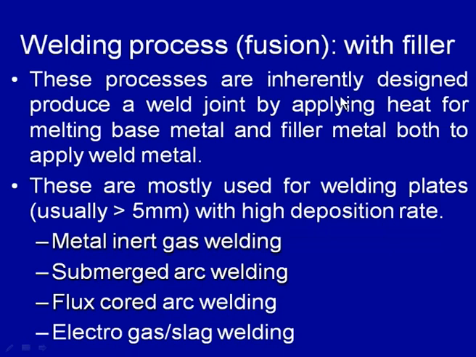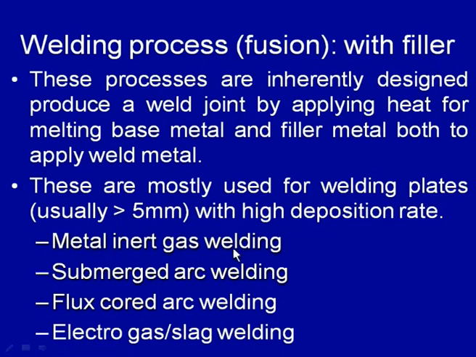So, those processes which are designed to melt with the heat of the arc or with the heat source being used along with the base material usually offer a higher deposition rate than other processes, and these processes are normally used for joining plates of thickness greater than 5 mm.